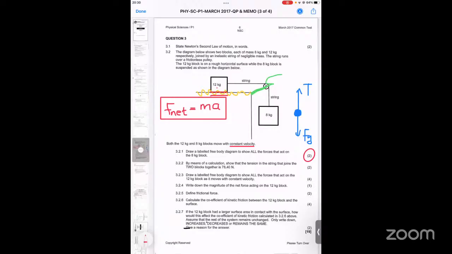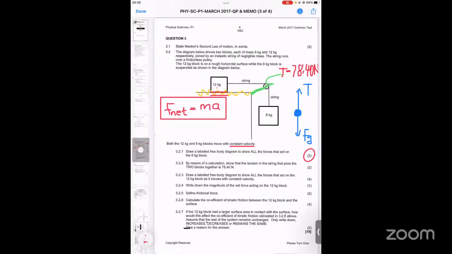And there we say tension is, maybe let me just write it and say the tension is equals to, yes, that is the tension. The tension is that value.